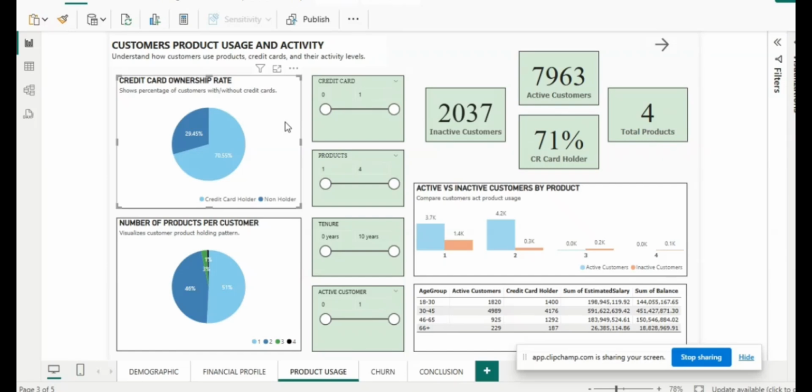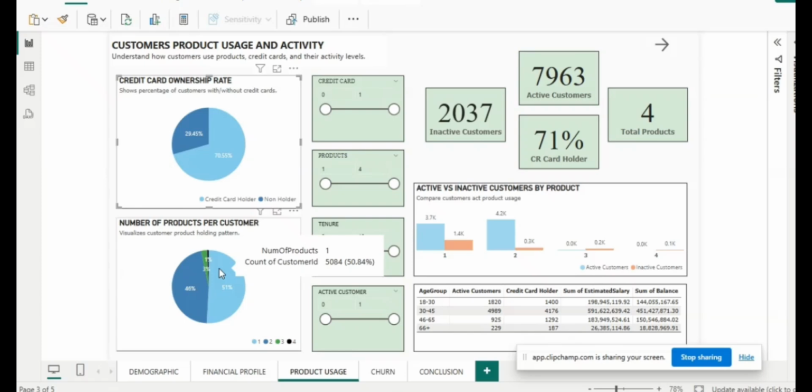So the first one is the percentage of customers that have a credit card. We have 70.55, which is actually good. And then we have the number of products per customer. The first product here we have 51%. That is wonderful. Second one 46%, third one 3%, fourth one 1%.